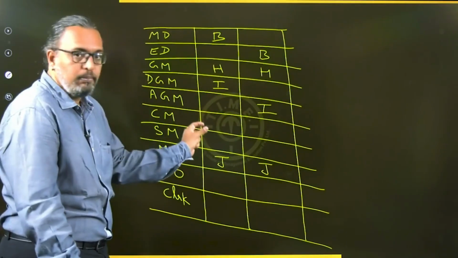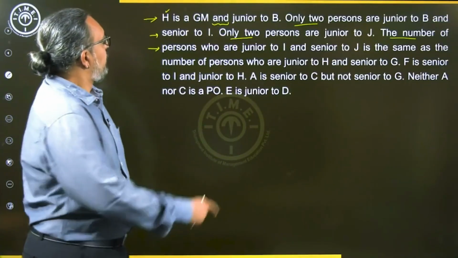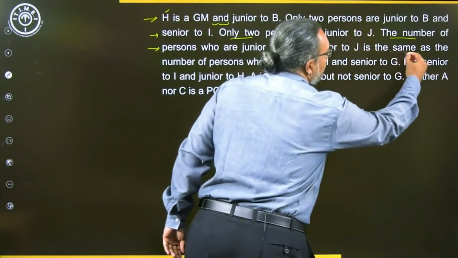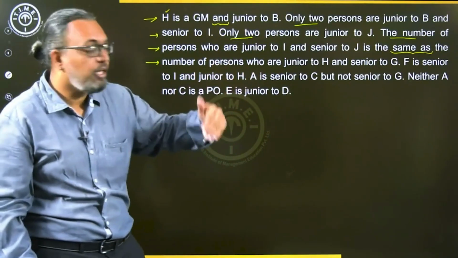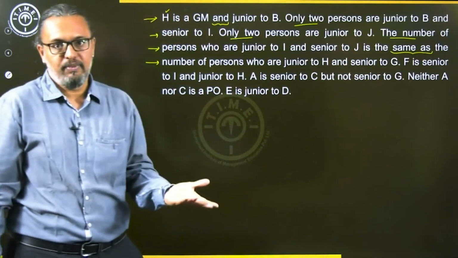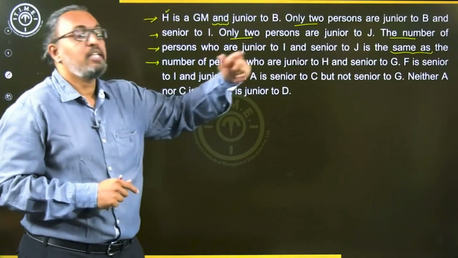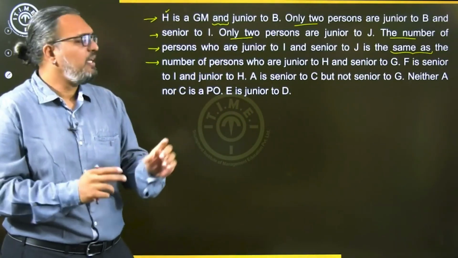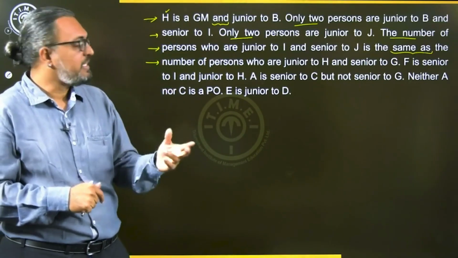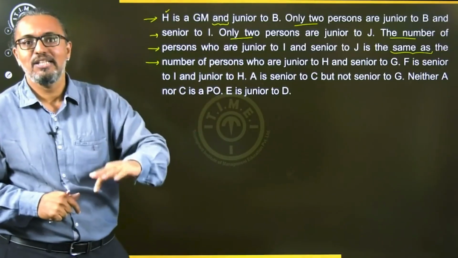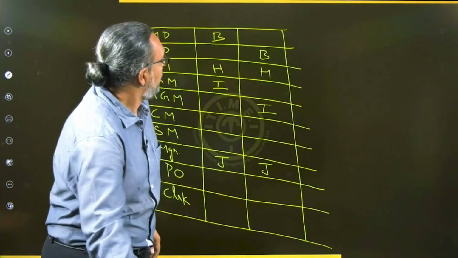So, the number of people that are junior to I and senior to J is the same as the number of persons who are junior to H and senior to G. Basically, the number of people between I and J, where I is above J, is the same as the number of people between H and G, where H is above G. Correct?